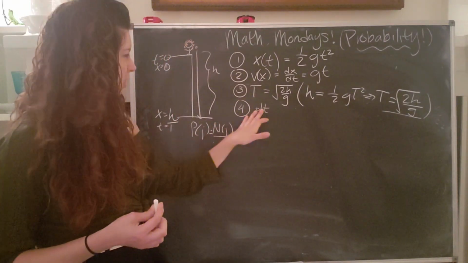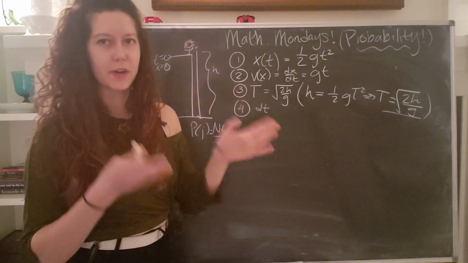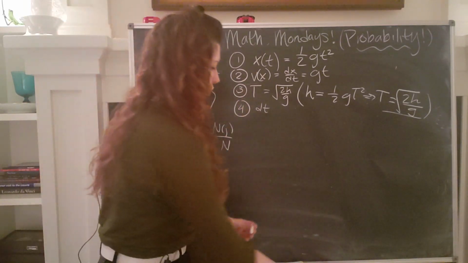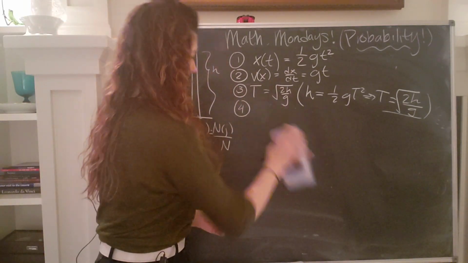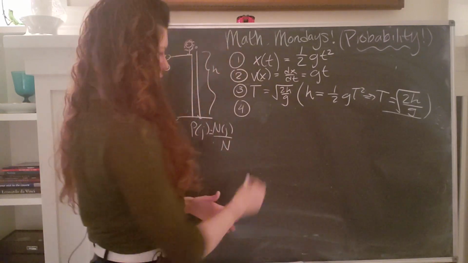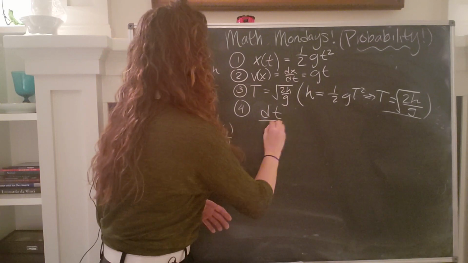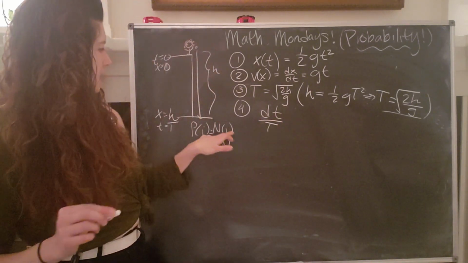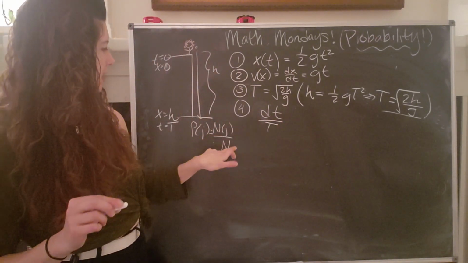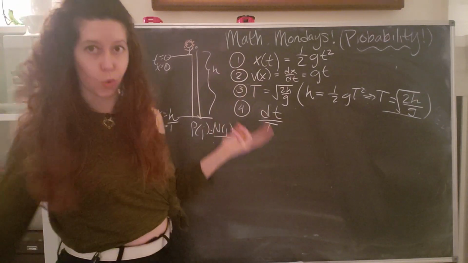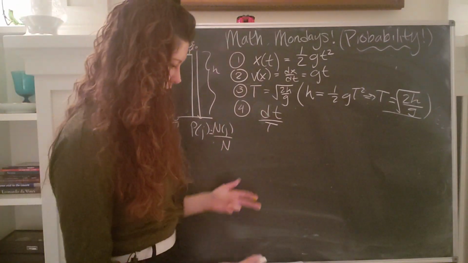AKA, we're just looking for a specific probability for each of those camera flashes. So it turns out that that is just dt divided by the total time, because in this case, n of j is just this, and the total number of things is the total amount of time that we are dealing with.